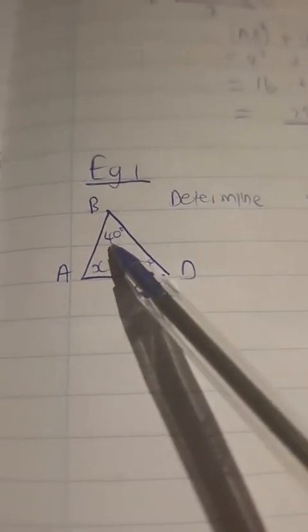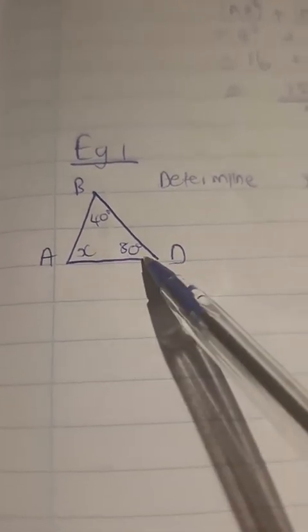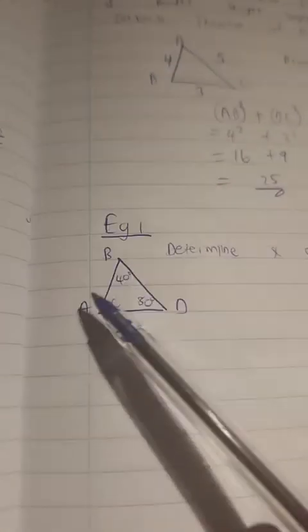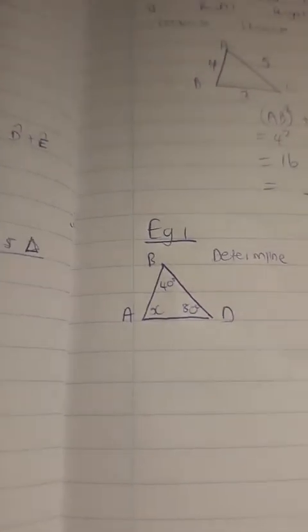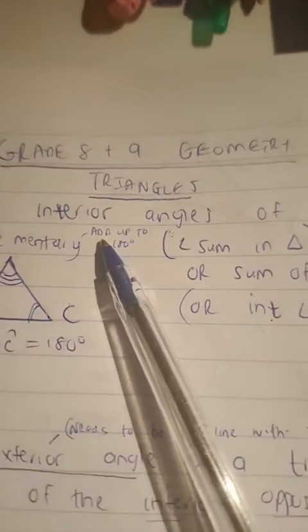Okay, so we have angle B, which is 40, angle A, which is x, angle D, which is 80 degrees. So remember, these are three angles inside of a triangle. So if we go back to what we had learned earlier on, we had learned that the interior angles of a triangle are supplementary. In other words, they add up to 180.